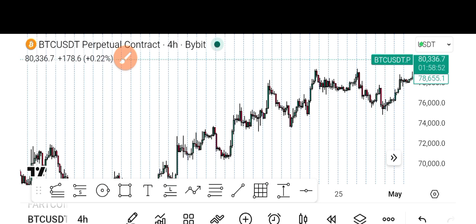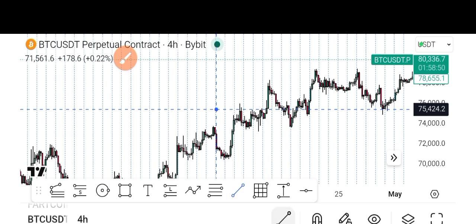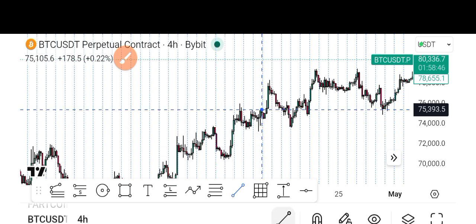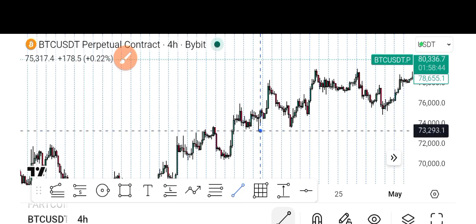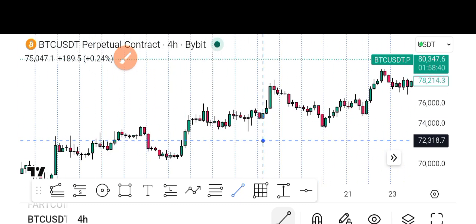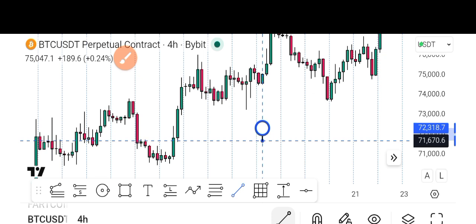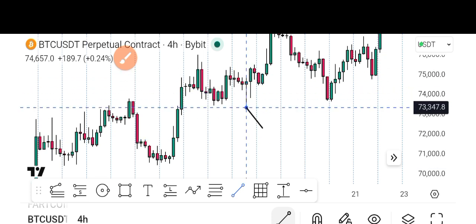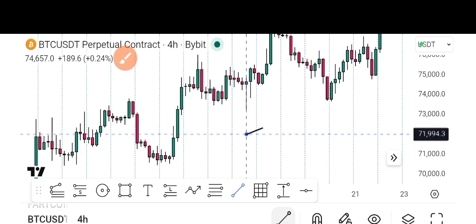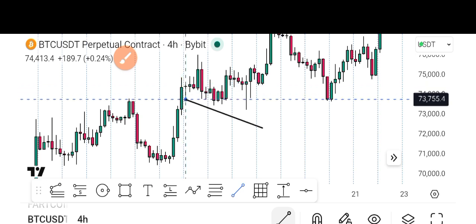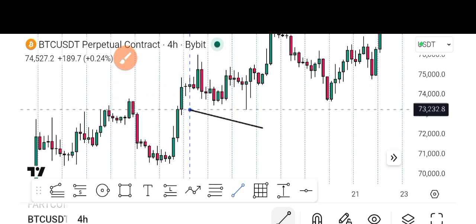These candles over here, as you can see, cannot be called a traditional doji candle because the line is not at the middle. Let me zoom in so you see it. This one here, and this one too. It is not a traditional doji, so it cannot be called that.